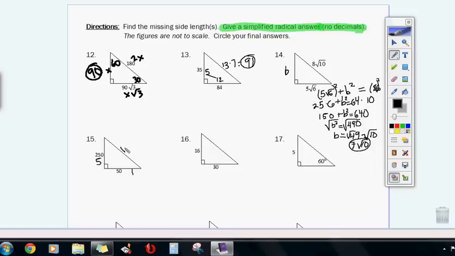And now if I call this side x, or the number associated with these numbers x, I'm going to do Pythagorean theorem. 1 squared plus 5 squared equals x squared. So that gives me 1 plus 25 equals x squared.